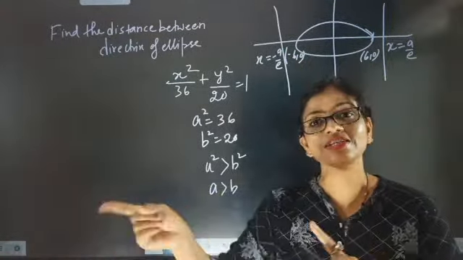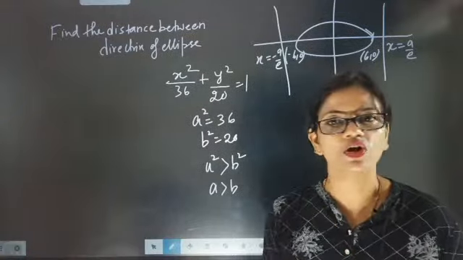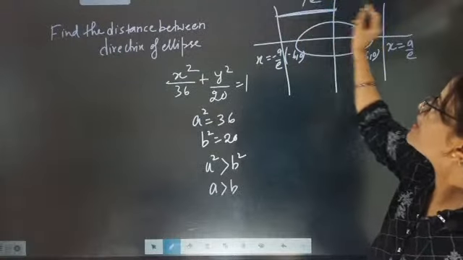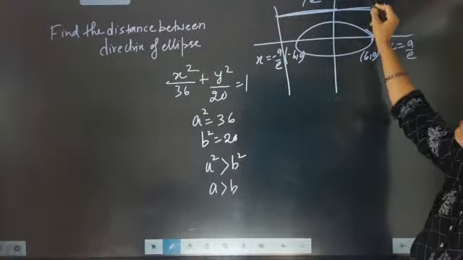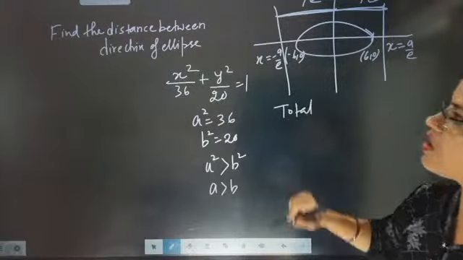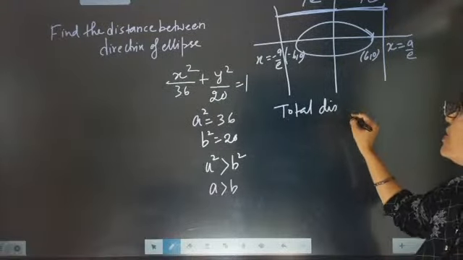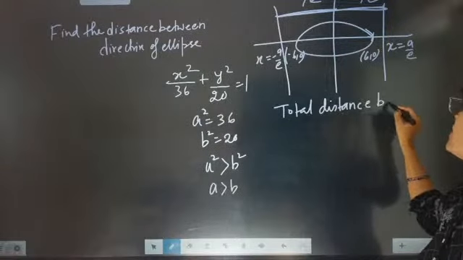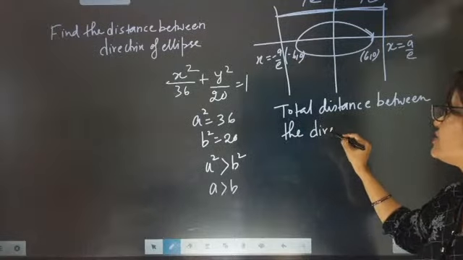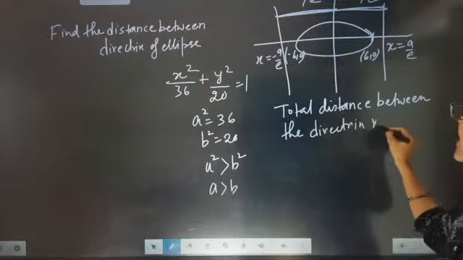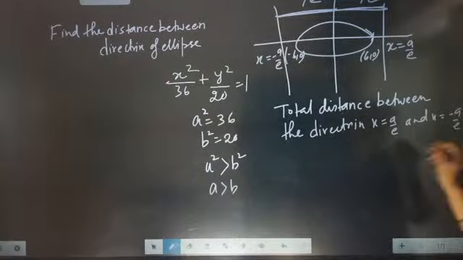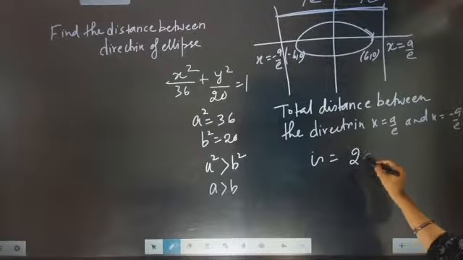So they are asking what is the distance. We know that distance will not be negative. So this length is coming as a by e and this length is coming as a by e. So the total distance between the directrix, x equal to a by e and x equal to minus a by e, is 2a by e.